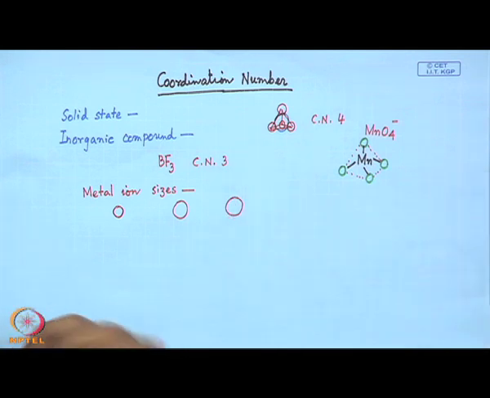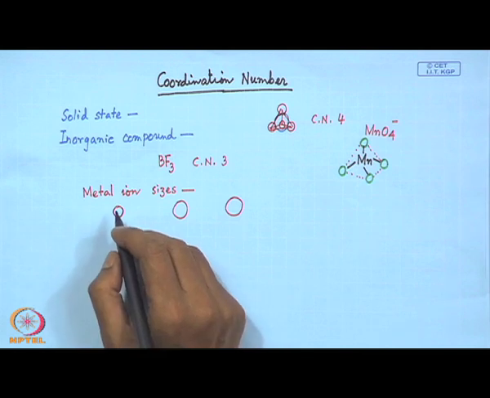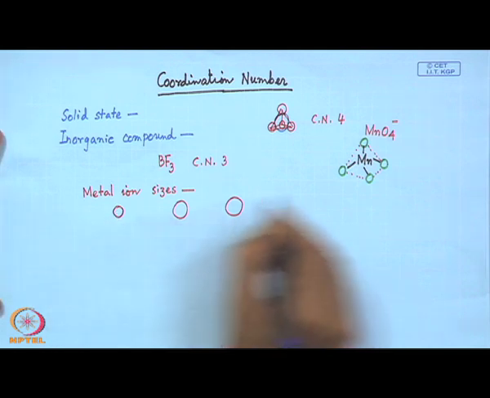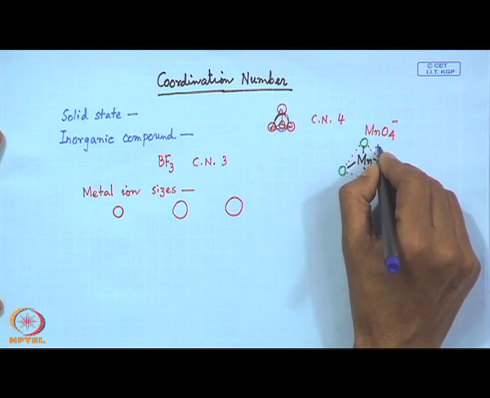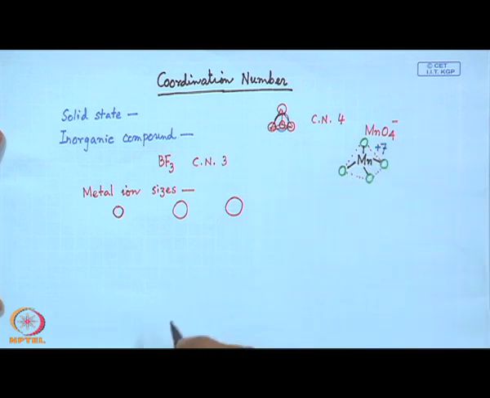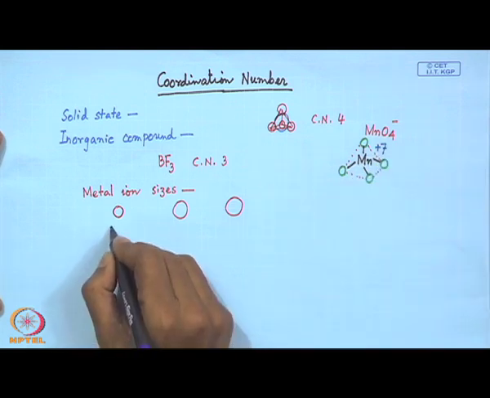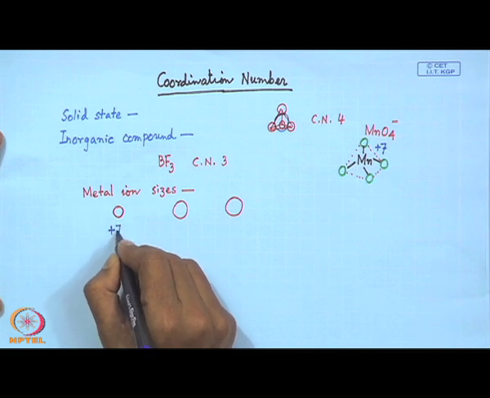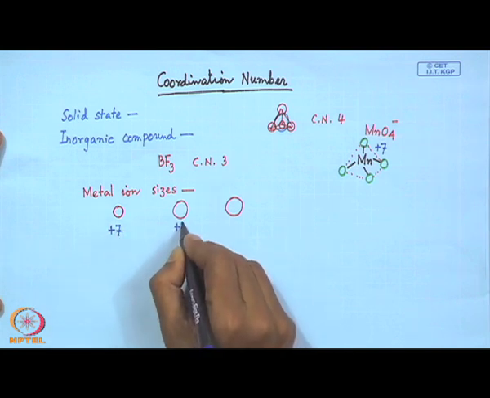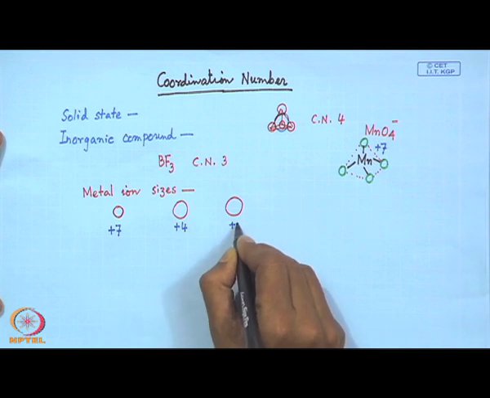So, what we immediately consider can be manganese in the +7 oxidation state. The smallest one is in +7, then we can have +4 or +2.